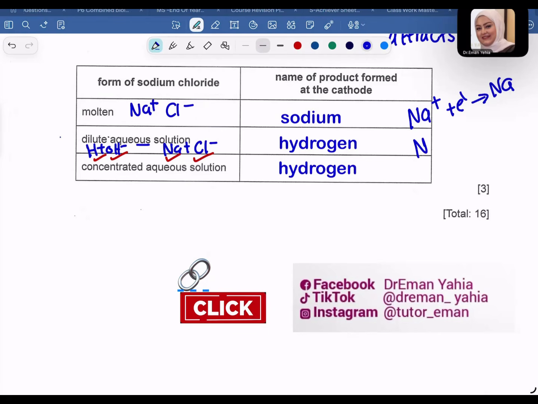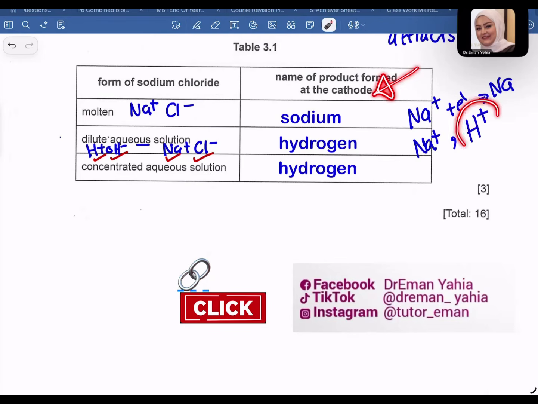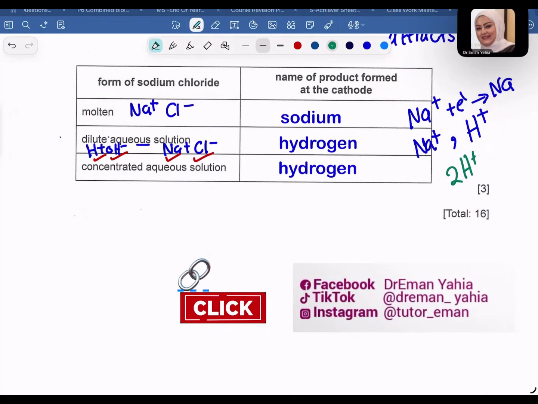Sodium plus and hydrogen plus. Which one is less reactive? The rule at the cathode is that the less reactive element is reduced. So 2H plus accept 2 electrons to form H2, because the gas is diatomic.